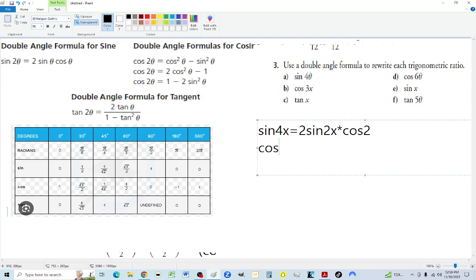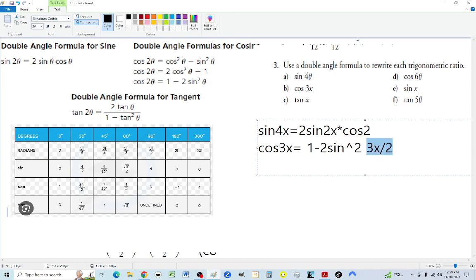So cos of 3x, what's half of cos of 3x? There's a whole bunch of ways I can do it. I can do 2 cos squared 3x over 2, minus sine squared 3x over 2, or I can use the second one, 2 times cos squared 3x over 2 minus 1, or I can use the third one, 1 minus 2 sine squared of 3x over 2.